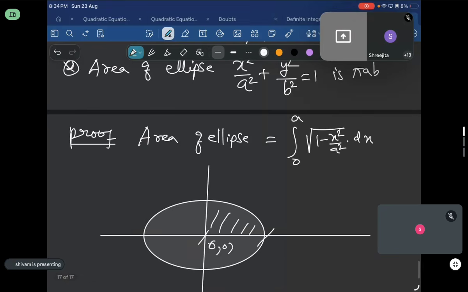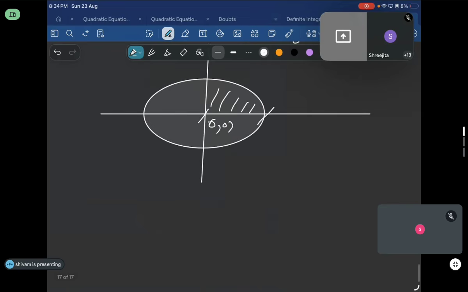Rest of the people can solve it. Note it down. This is the last part I am going to discuss.